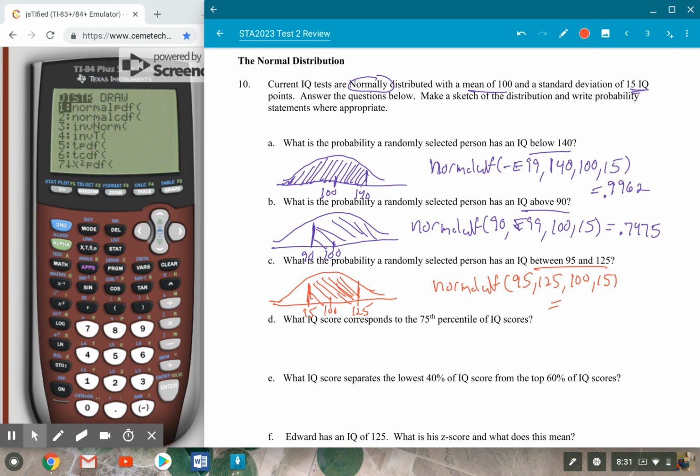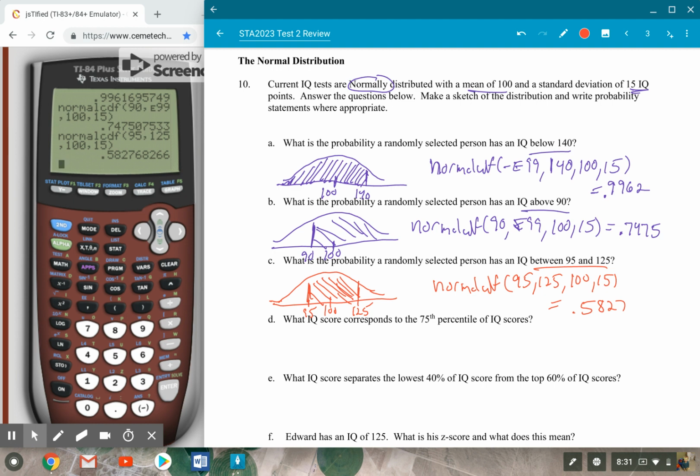Second vars, number 2, 95. And we get 0.5827.